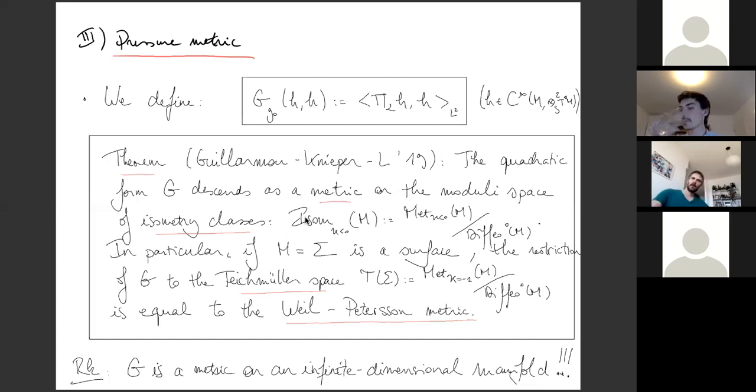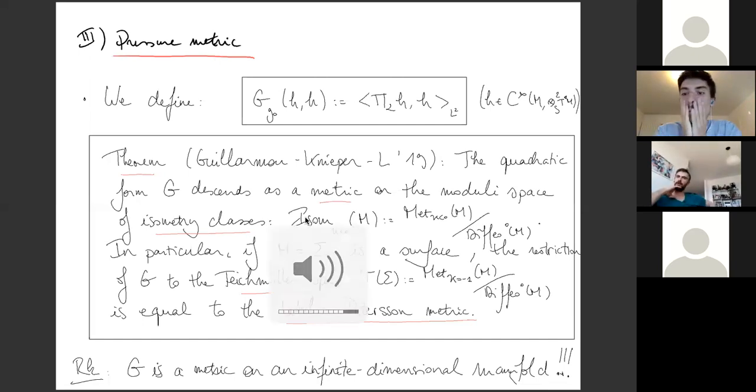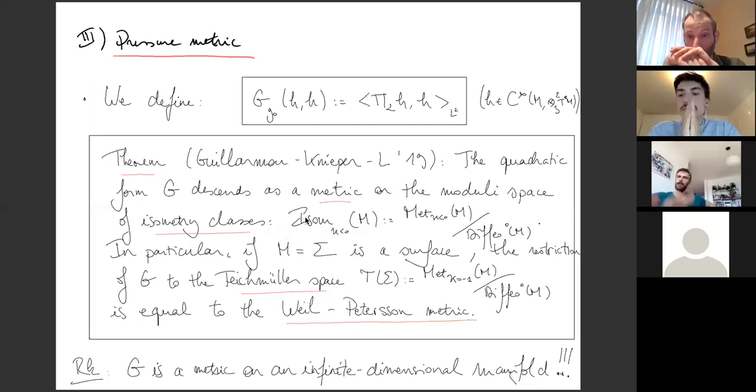Are there any other questions? You are also interested in studying the geometry of your space of infinite-dimensional metrics with this quadratic form? It's completely conjectural, so I don't know, but yes, indeed.